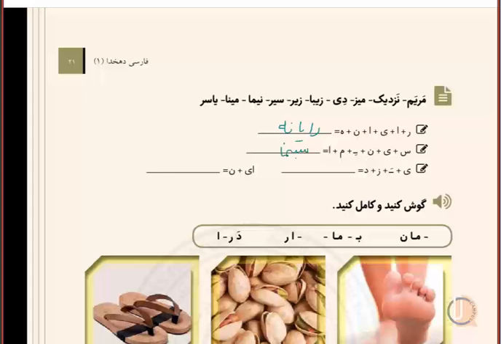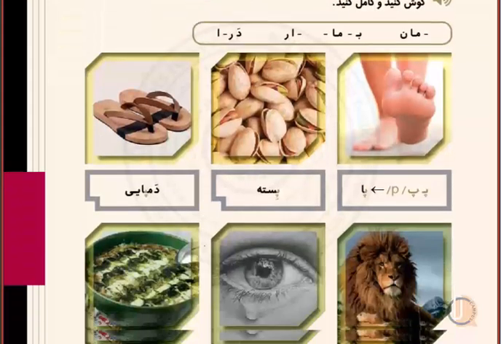Yazd, a city in the center of Iran. In, this. Don't forget, you're not going to learn the meaning of these words at this point. You are going to learn how to read them, okay? Let's continue to the next letters.